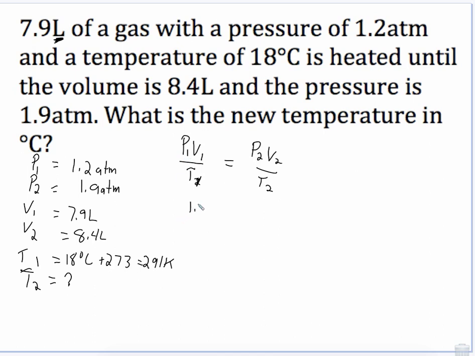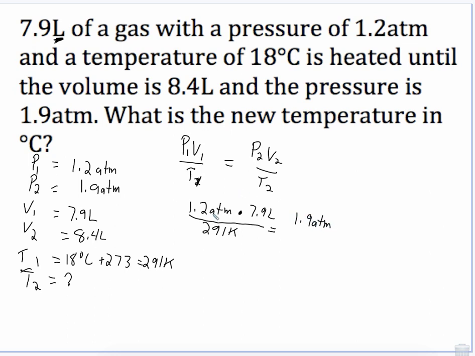Next, plug in the numbers. P1 is 1.2 atmospheres, times V1, 7.9 liters, divided by T1, which is 291 kelvins. That's going to be equal to P2, which is 1.9 atmospheres.